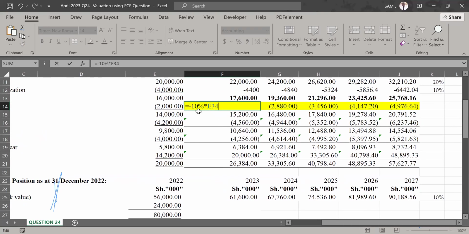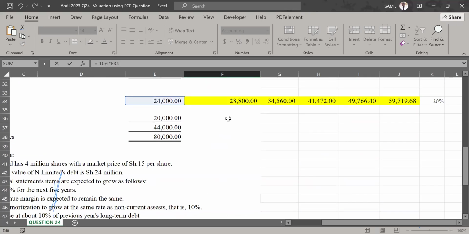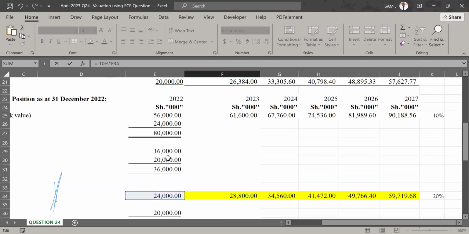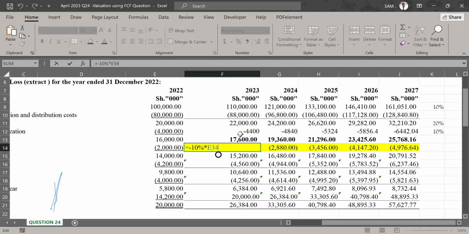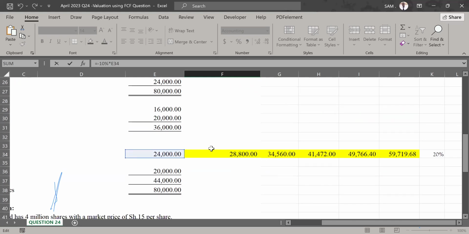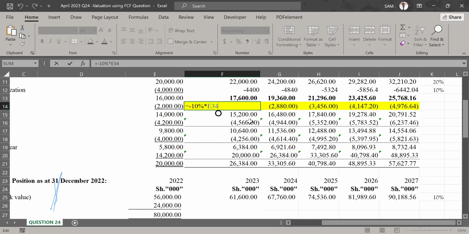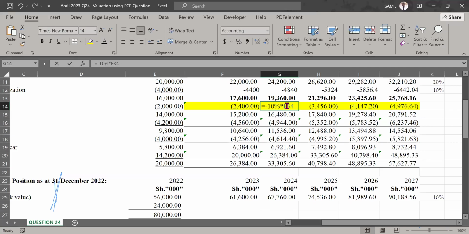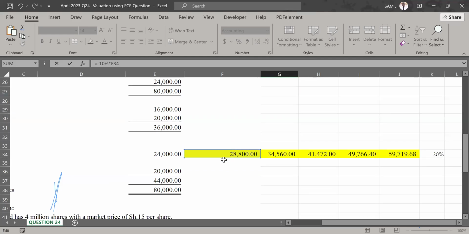And you can see we referred in 2023, that is the interest in 2023, is 10% of long-term debt in 2022, because that is the previous period. And you can see we referred to 24,000, which is the correct figure, right? When we went to 2024, it is again 10% of the previous year's long-term debt.